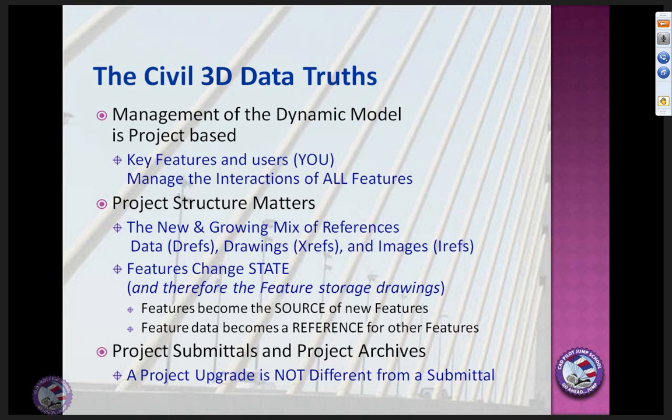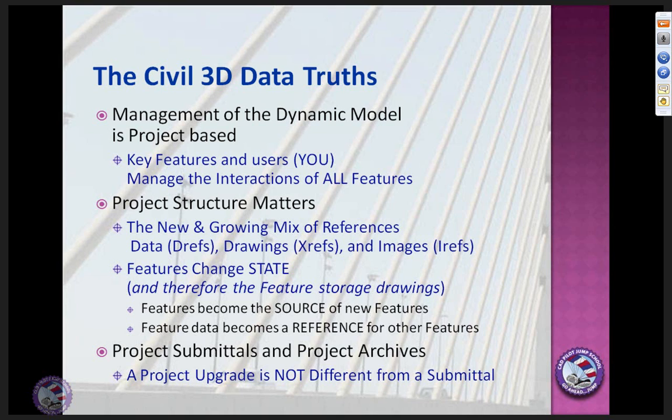The other issue is that when we throw data into one of these features, if we make a surface, for example, to pick something simple, it changes state. That means as we add new data to it, things change about it. And many features in Civil 3D, alignments for example, can become the source of other new features.